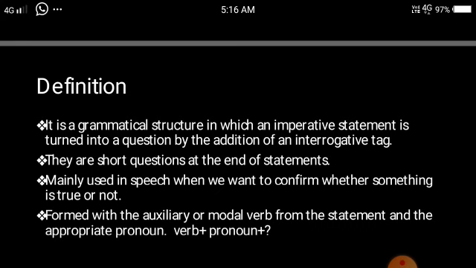Or, to make it more simple, when you want a yes or a no for an answer. When you want to make sure, confirm whether you are right or wrong.